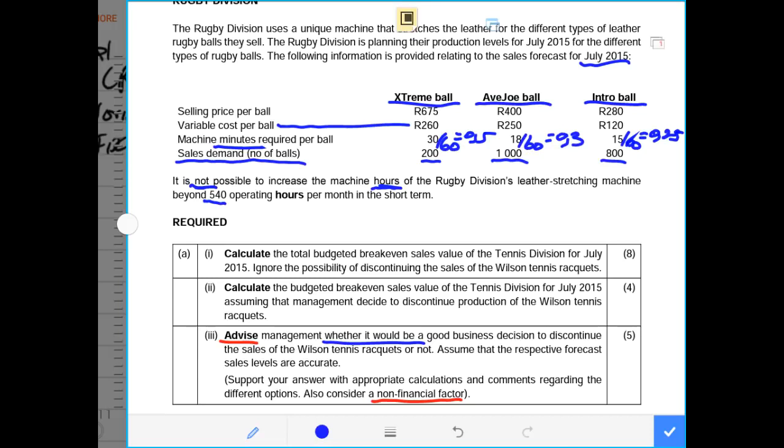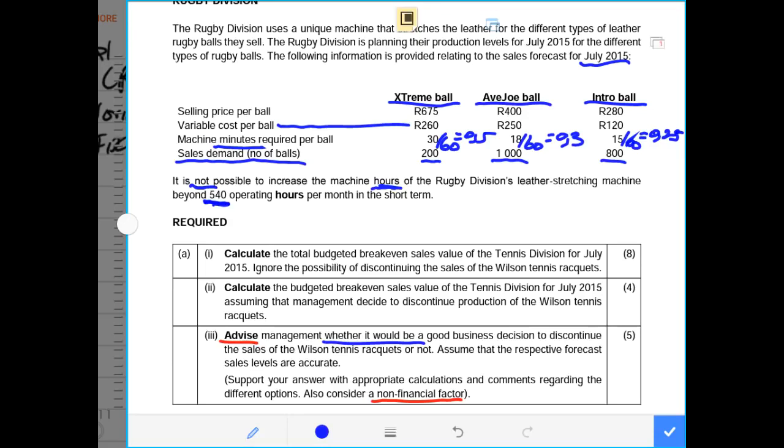So we are limited not to use more than 540 machine hours in the short run, or per month, in other words. Meaning we are limited only to the 540 machine hours.